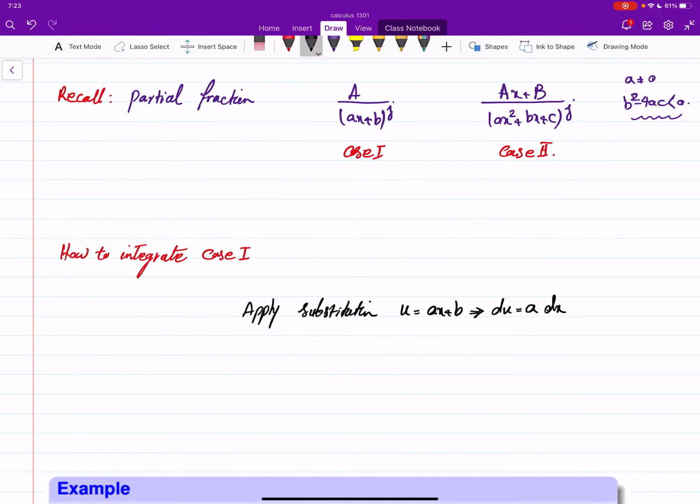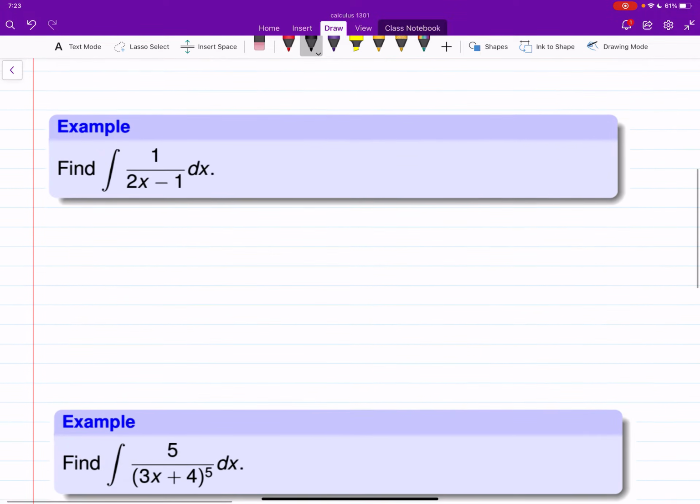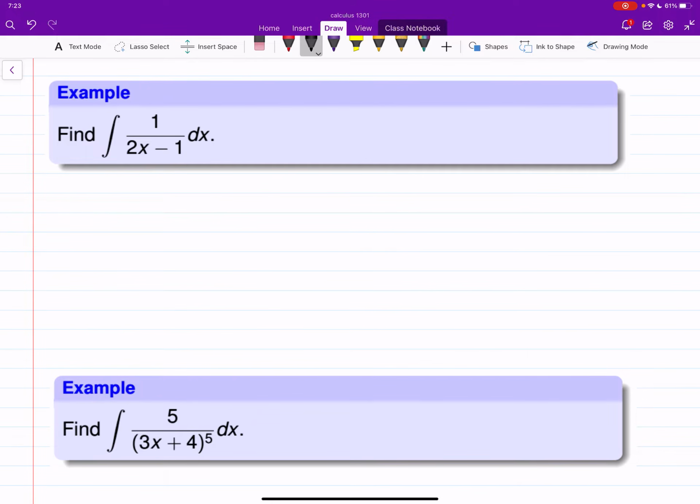And you can turn to a u integral, and the u integral is an easy integral. Let's see this in an example, or two examples. Here, I have 1 over a linear case, so I have u equal to ax plus b, in this case 2x minus 1. That means that du is 2 dx. Since that's just a constant, I can bring it to the other side, so that transferring to the u integral is easy.